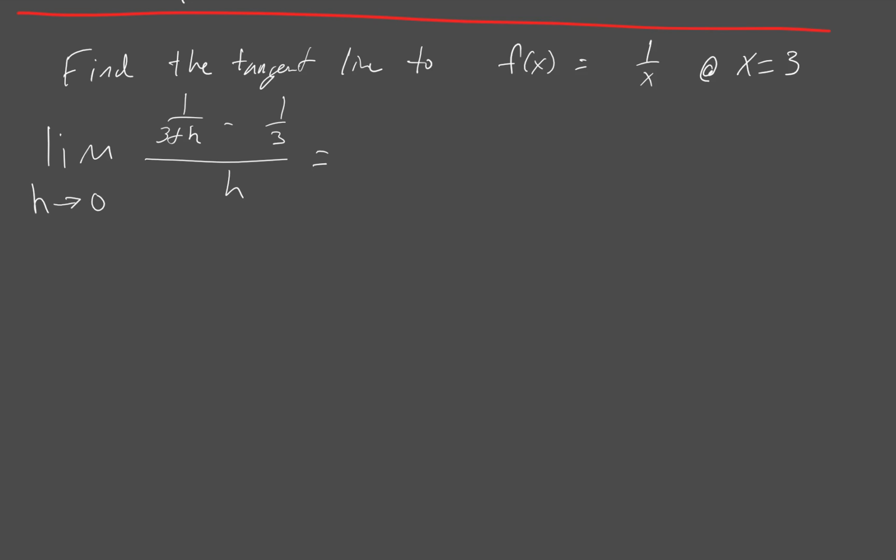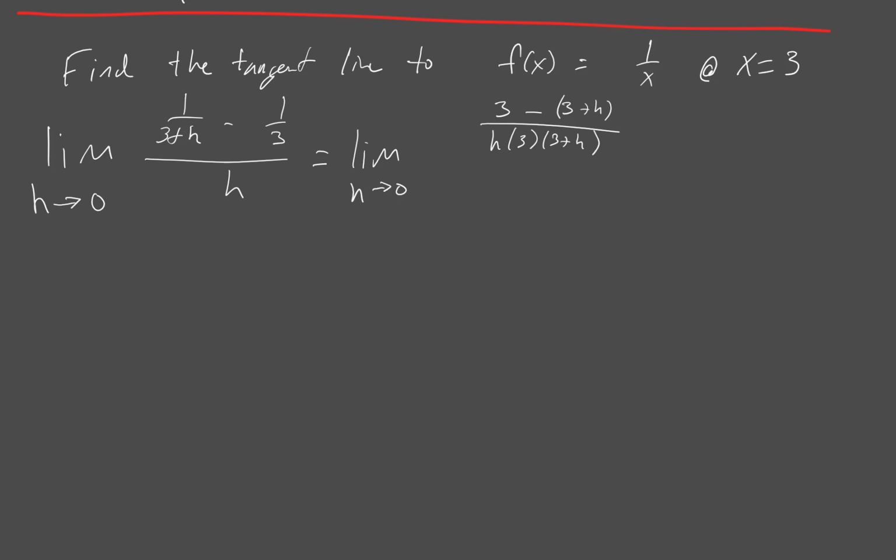And we'll multiply everything by h too. So the algebra turns this into 3 minus 3 plus h over h times 3 times 3 plus h.